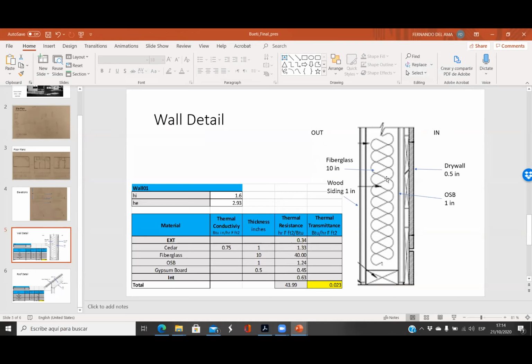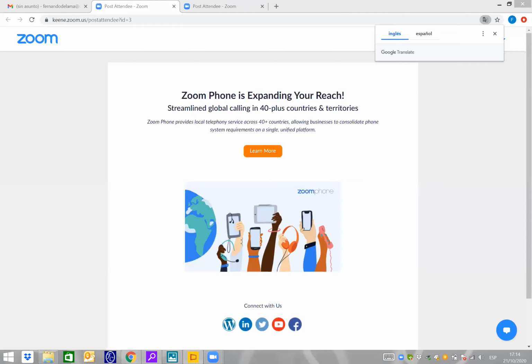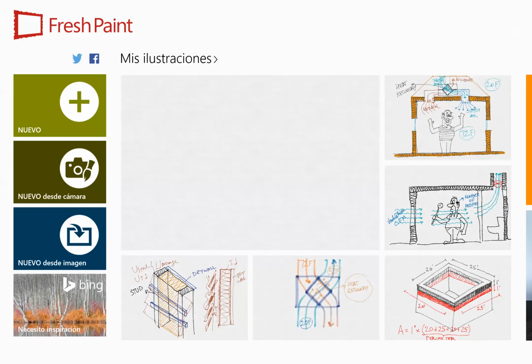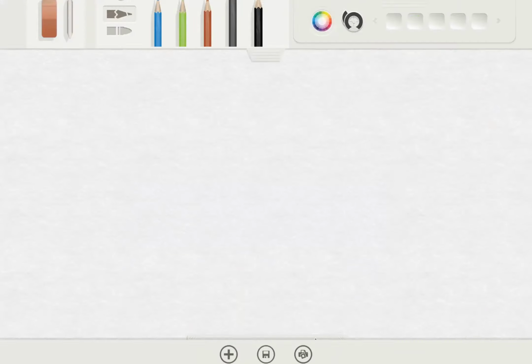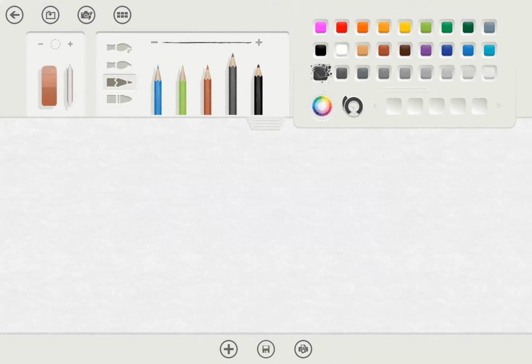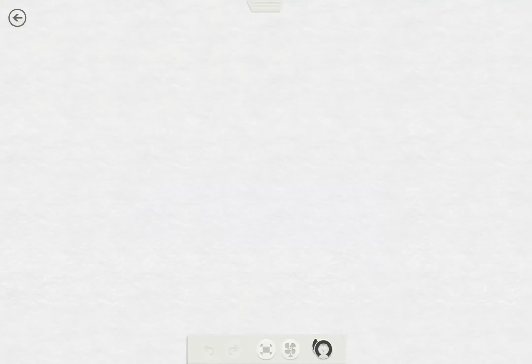Okay. So here on this detail, we have those elements, but for sure we will have vertical studs. Okay, how can we deal with this? Okay, here, there you go.